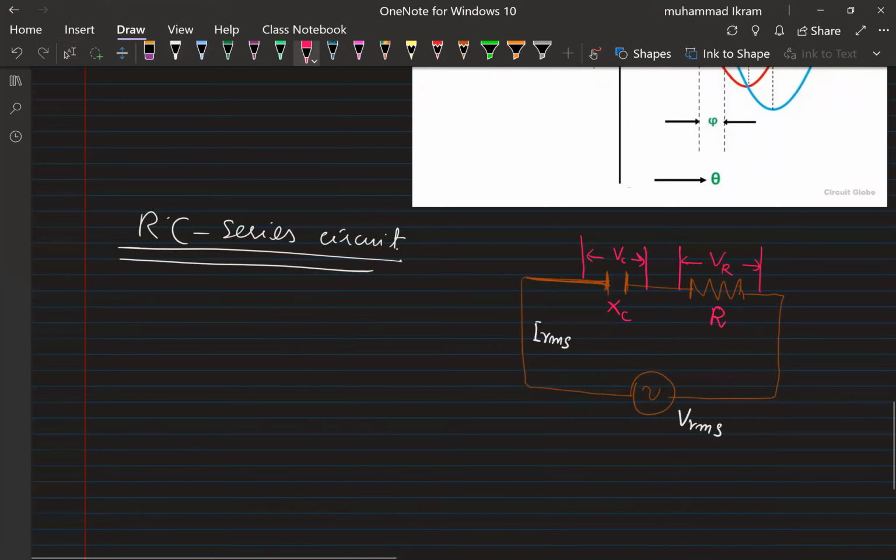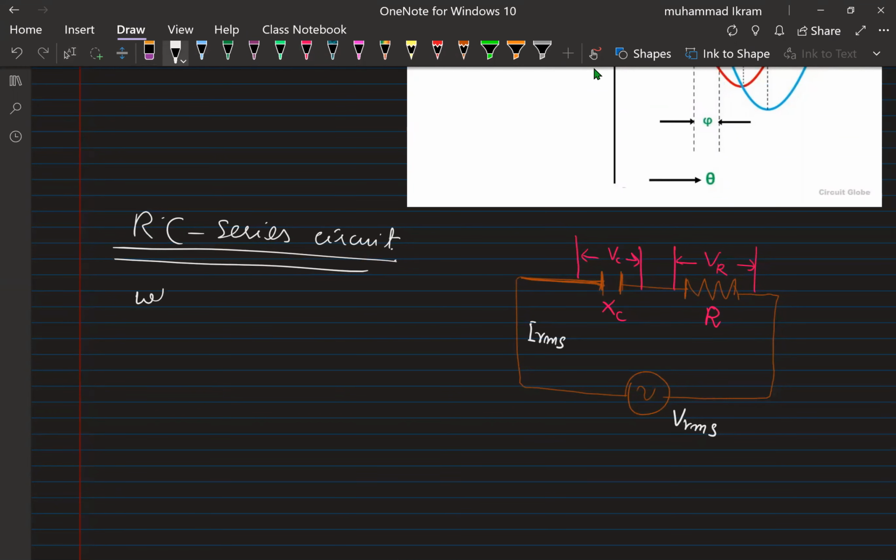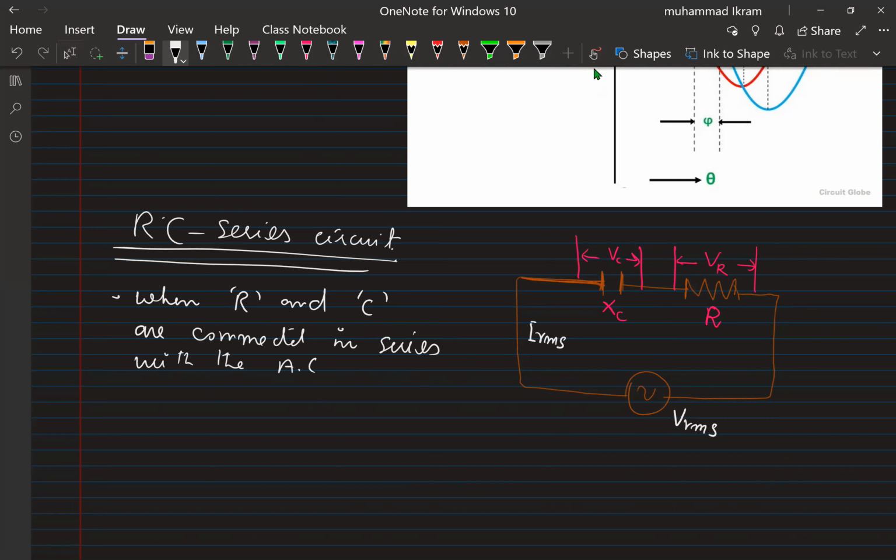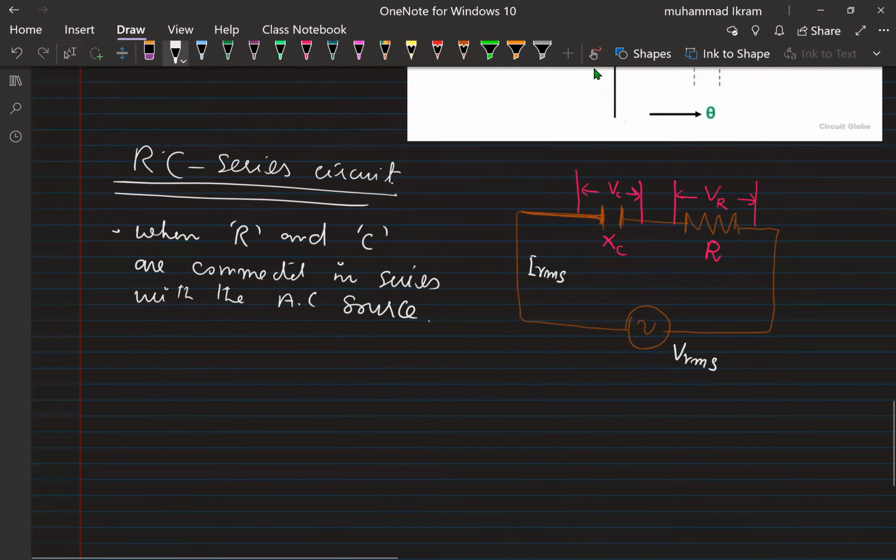So when the resistor and the capacitor are connected in series with the AC source, it is called the RC series circuit.